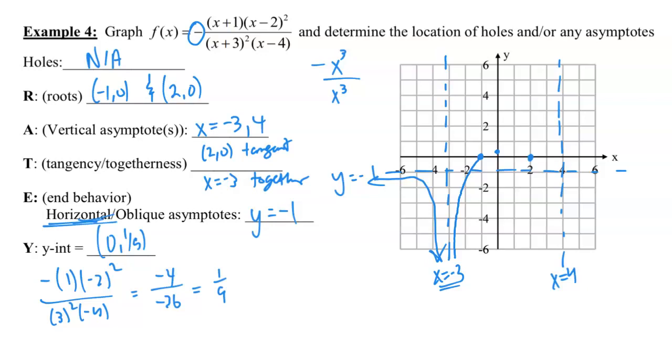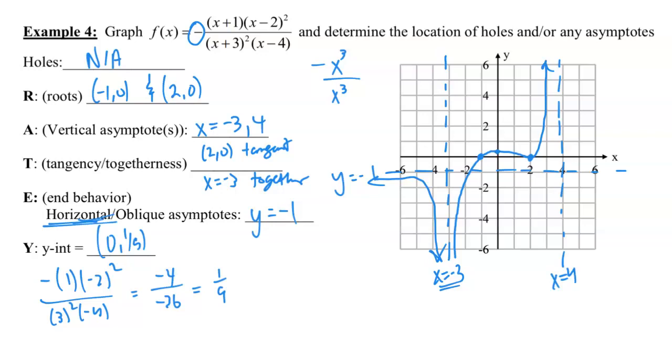Well, we did not have tangency, so therefore I'm going to cross through that root and go to my y-intercept. The next place I'm going to go is I'm going to turn back down and go to my next root. And at that root, we did have tangency. And so we're going to come down and touch that x-intercept and then bounce right back up.